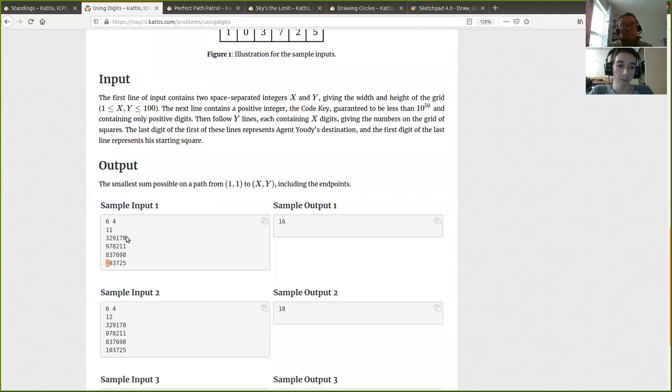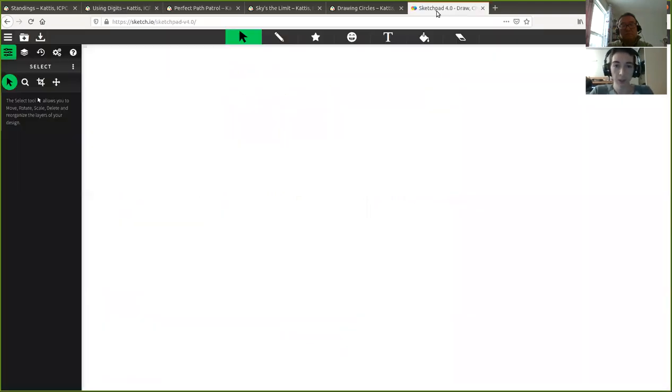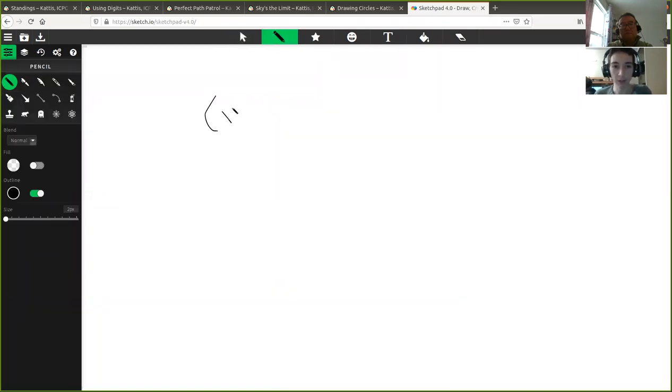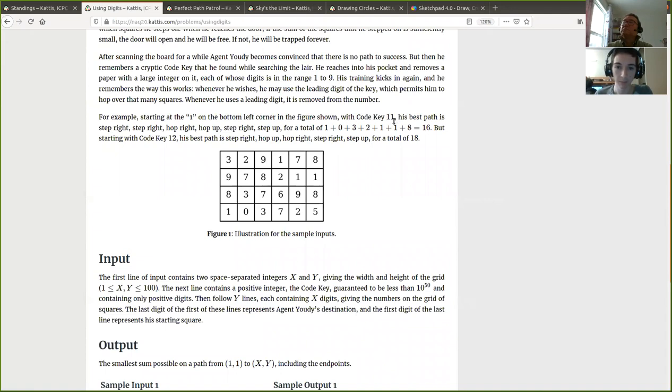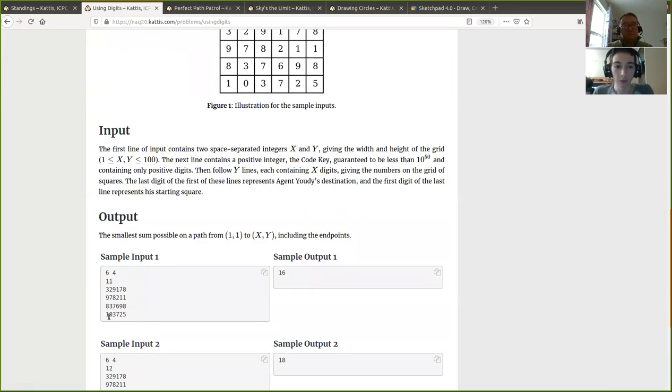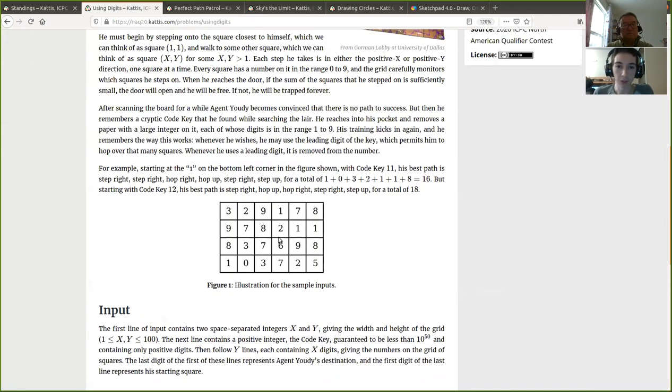So the key thing to realize is you can encode in the state not just the cell you're at, which would be some coordinates x, y. You can also encode how many digits are left on your piece of paper. So for example, I start with 0, 0, 2 because there's two digits left.